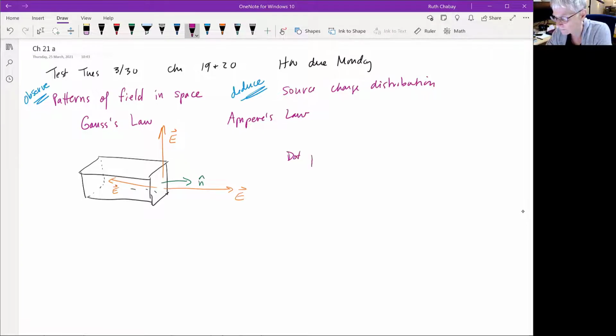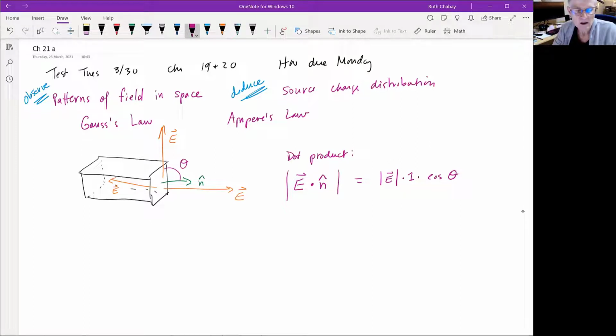So remember that the dot product of E and the unit vector n hat, the magnitude of this is the magnitude of E times 1 times cosine of theta, where theta is the angle between E and the outward going normal.